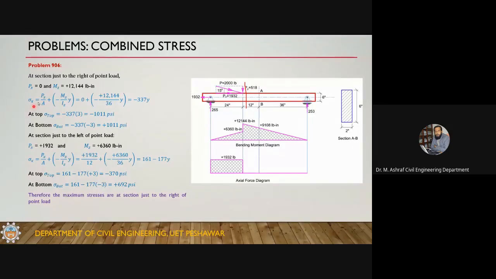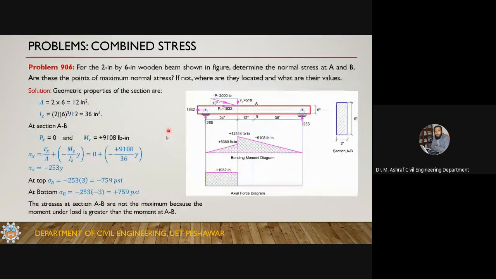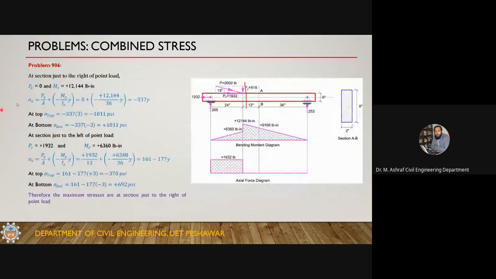So sigma x is Px over A plus this, so this is 0, and you get minus 335 into y. So at the top you have minus 1011 psi, and at the bottom you have plus 1011 psi, and obviously they are higher than the previous values, which are 759.